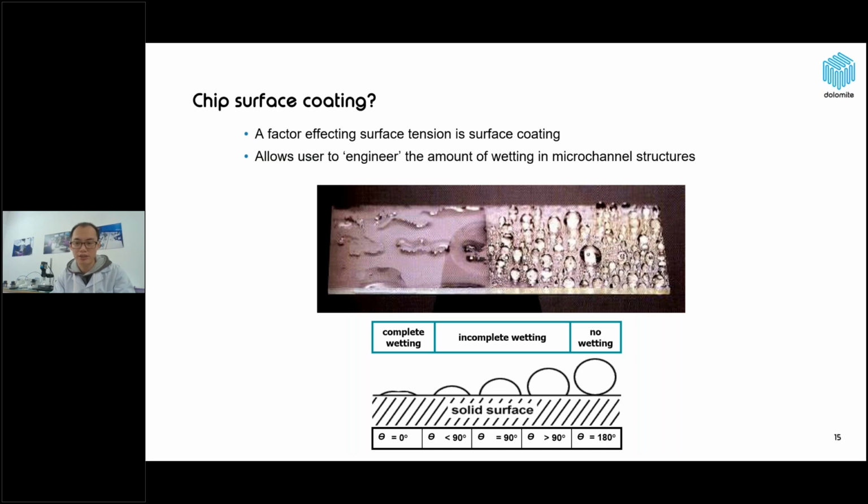The contact angle differentiating between wetting and non-wetting is shown in the bottom photograph. So this is something that can be engineered. We can engineer the microchannel chip to have ease of this effect.